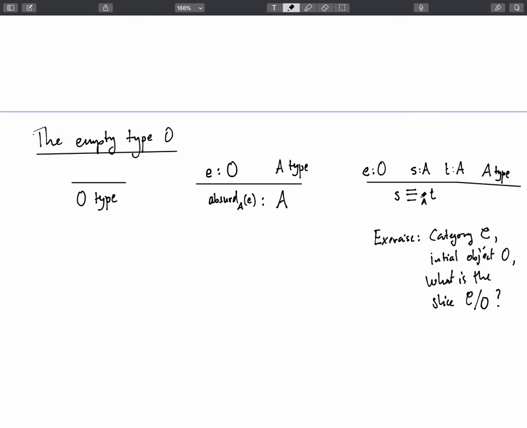Of course, there are infinitely many instances of this. For each type A, each S, each T, and each E, we get one instance of this.